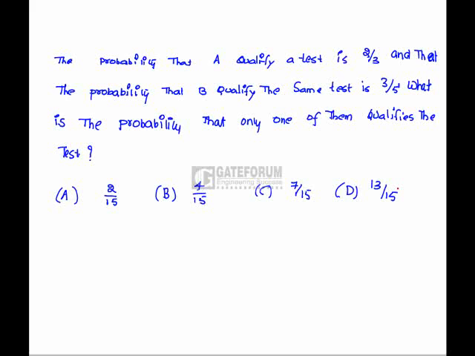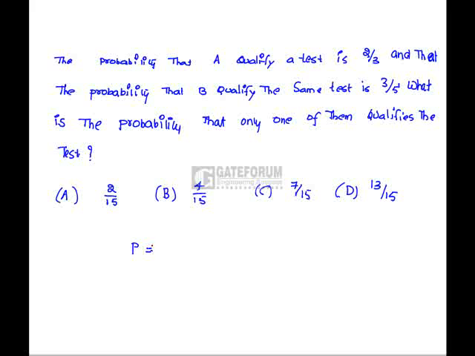The probability that A qualifies the test is 2 by 3 and the probability that B qualifies the same test is 3 by 5. What is the probability that only one of them qualifies the test?